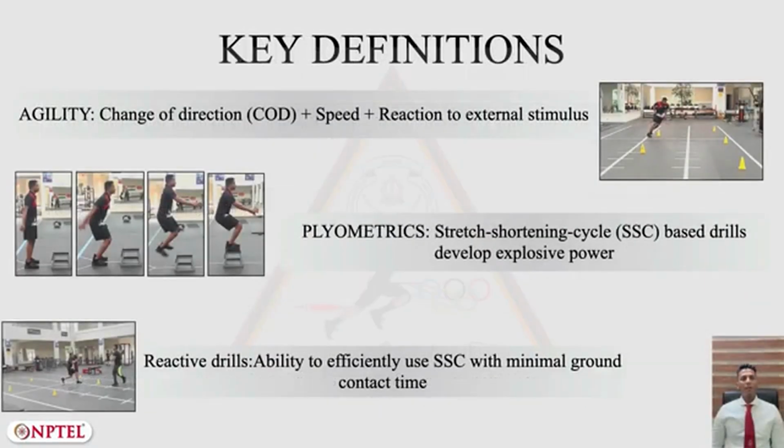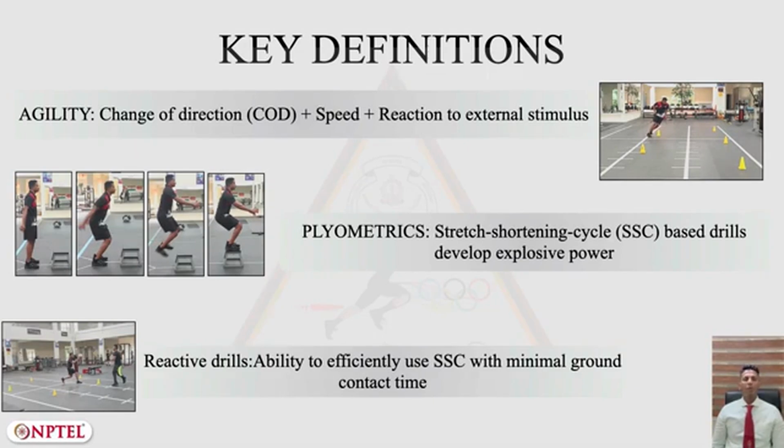Let us define our key terms. Agility involves more than a simple change of direction. It combines speed with the ability to respond to external stimuli such as an opponent or a visual cue. Reactive drills are exercises that train the body to efficiently use the stretch shortening cycle with minimal ground contact time, for example, repeated hops or drop jumps.